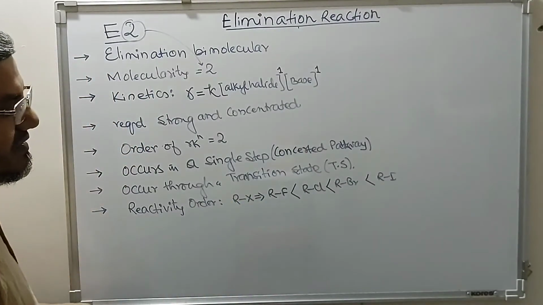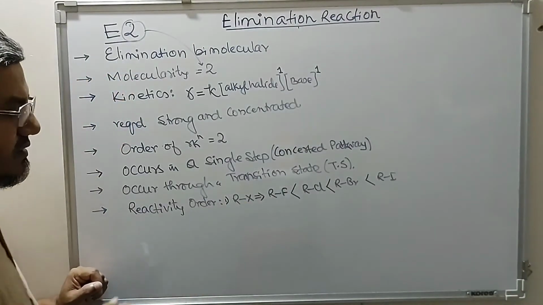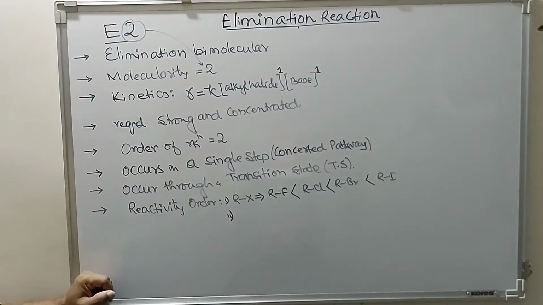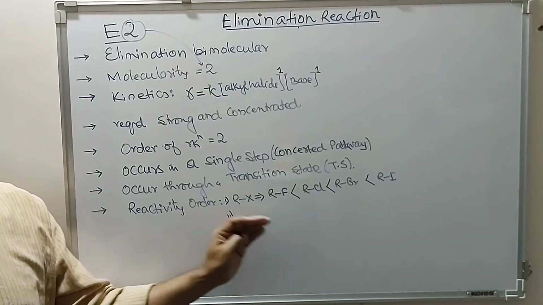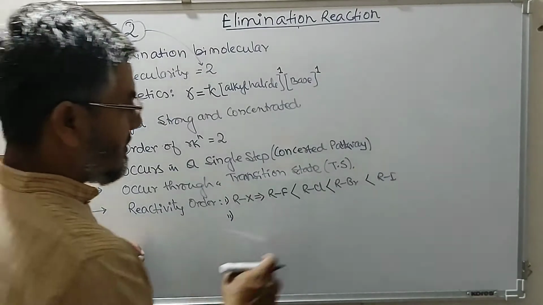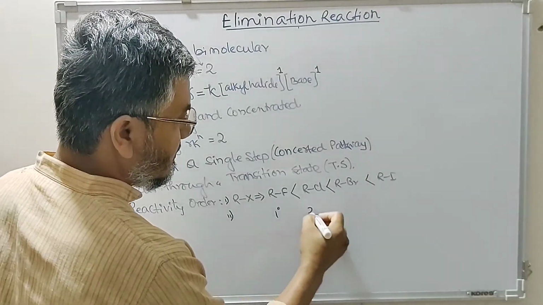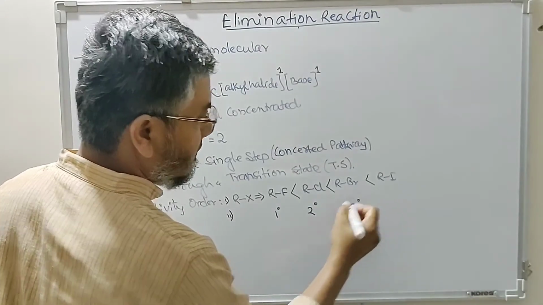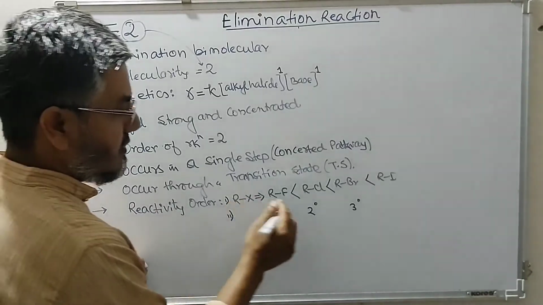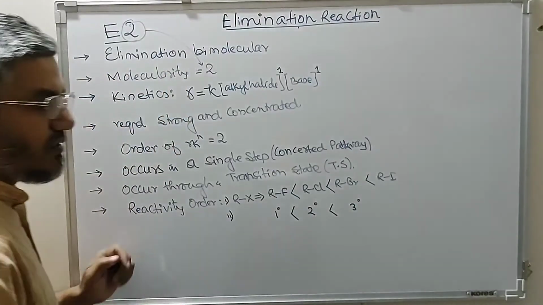If the alkyl group is different but the halogen is the same, we can have primary alkyl halide, secondary alkyl halide, tertiary alkyl halide. Then the reactivity order is primary, secondary, tertiary. So with the same halogen, primary is less reactive than secondary, and secondary is less reactive than tertiary.